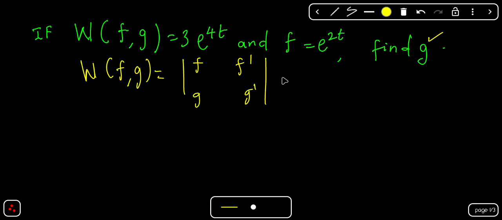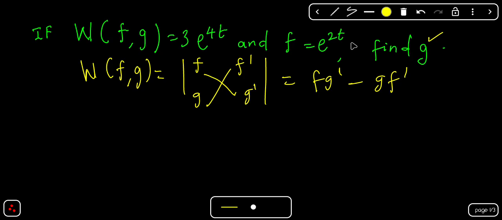We find the determinant of this matrix, that is f g prime minus g f prime. The determinant of this will give us the Wronskian.